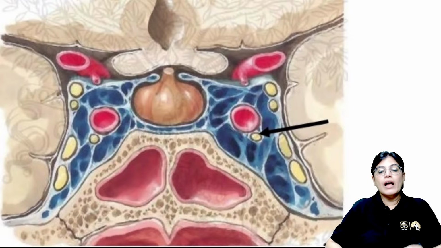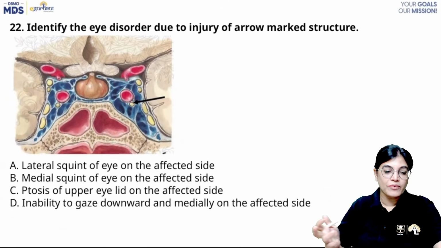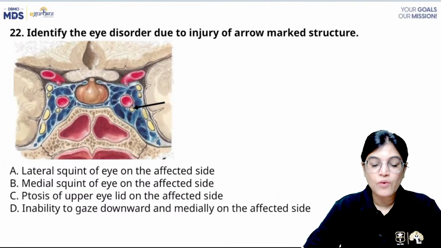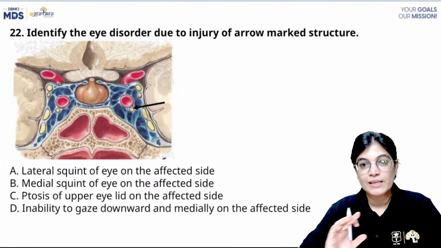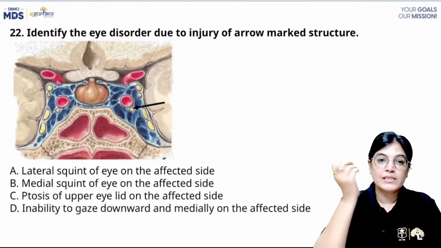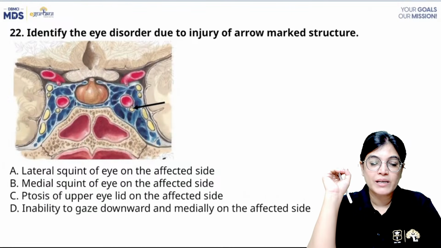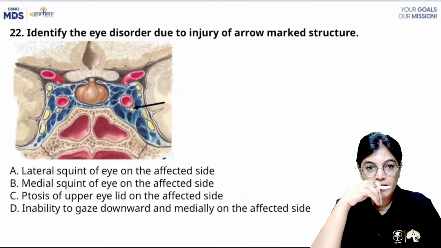Identify the nerve and give me the clinical scenario. Just now I have shown you a schematic diagram to help you understand the nerves in relation to the cavernous sinus. So which nerve is this, children, tell me, and what will be the right answer?